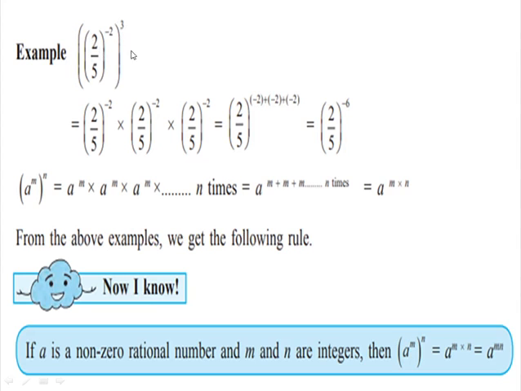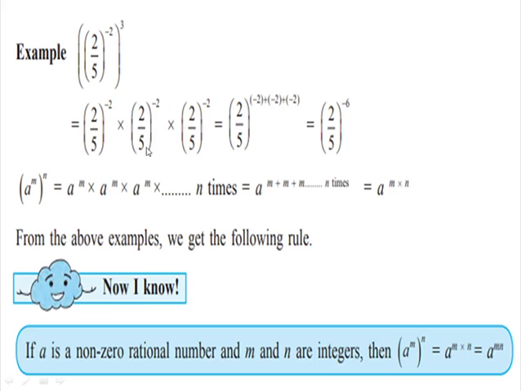Now children, if you look at this example, 2 upon 5 raised to negative 2 is raised to 3, so we will take this complete number 3 times. That is 2 upon 5 whole raised to negative 2 multiplied by 2 upon 5 whole raised to negative 2 multiplied by 2 upon 5 whole raised to negative 2.